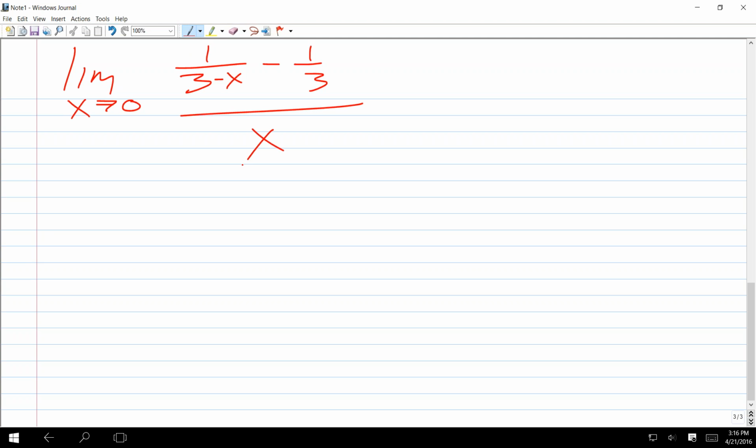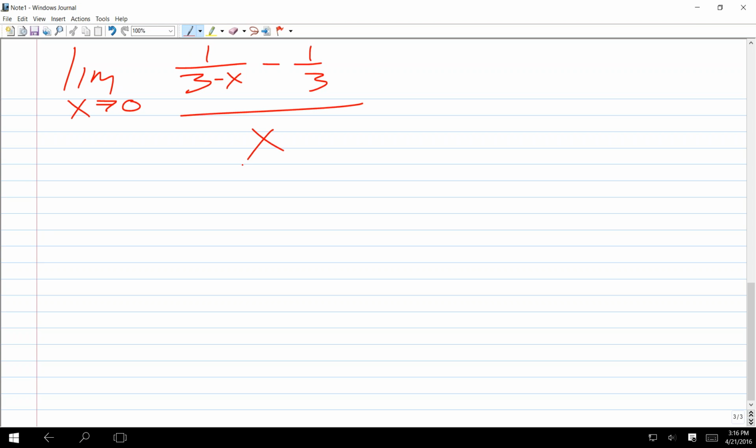Let's see. I have the limit as x approaches 0 of 1 over 3 minus x, minus 1/3, and then all over x.